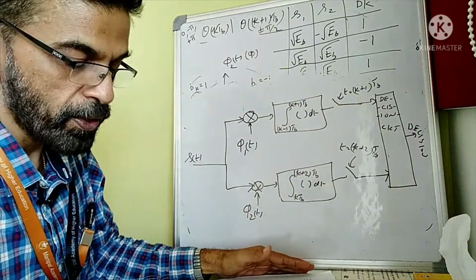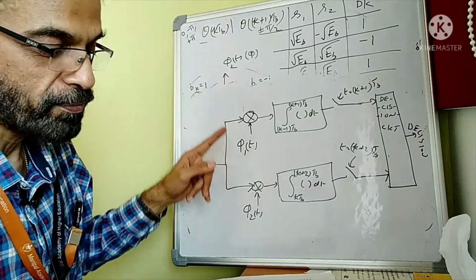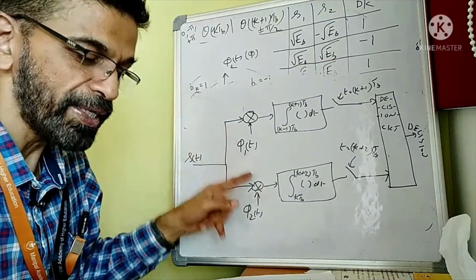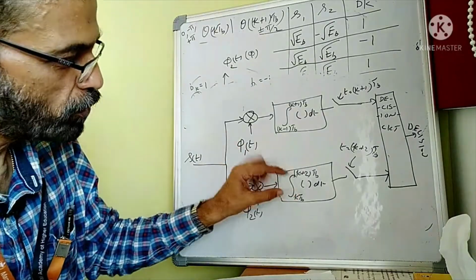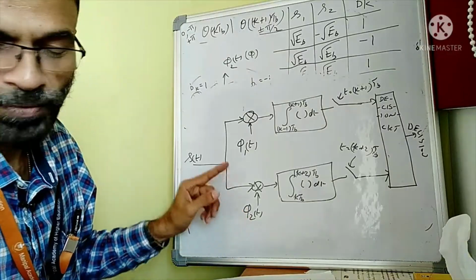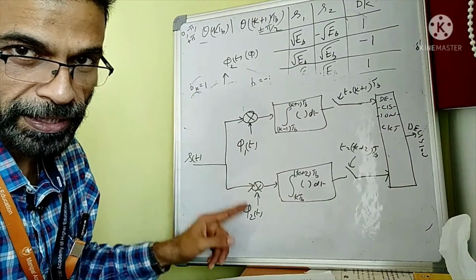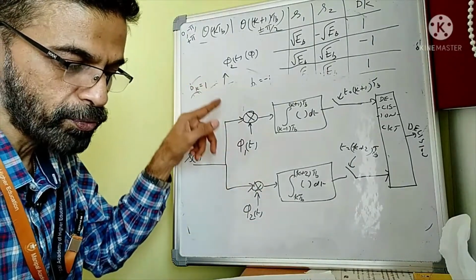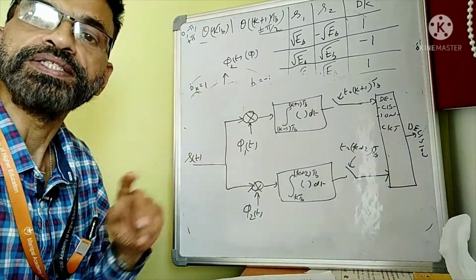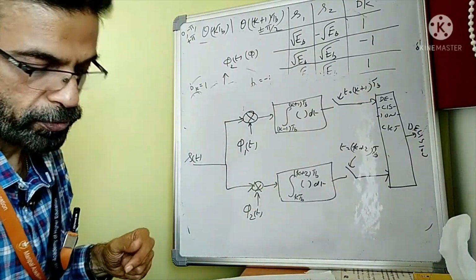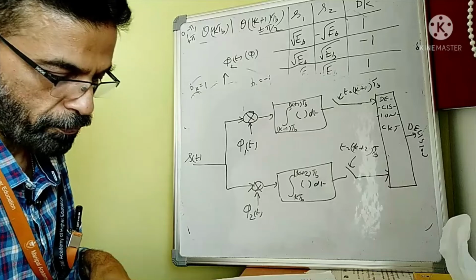This continues. Now I repeat the question which I asked. When we do this, should this be multiplied with phi 1t itself or a delayed version of phi 1t? Similarly, when we go for the next integration interval here, should we be multiplying the received signal with phi 2t itself or a delayed version of this? Now this is again, I leave it as an exercise for you. If you go back through the analysis again, you'll be able to find that out for yourself. So that's a task for you.